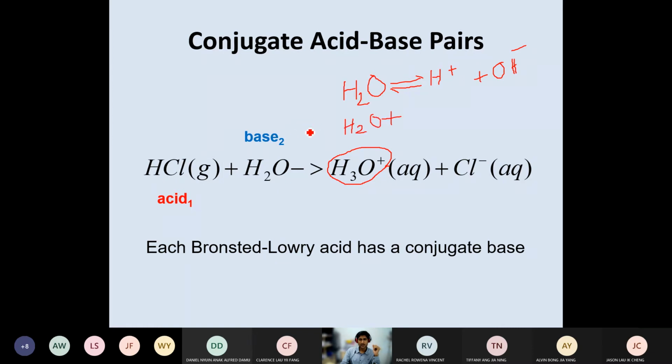Two water molecules will come together and then they will dissociate into H3O plus and OH minus. So it is not like hydrogen alone, because hydrogen itself is very unstable and it is difficult.